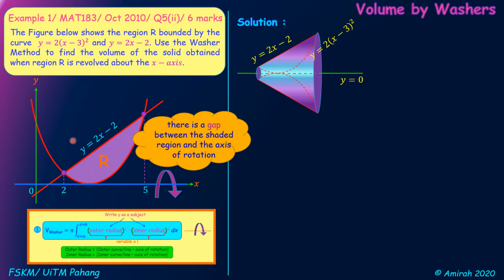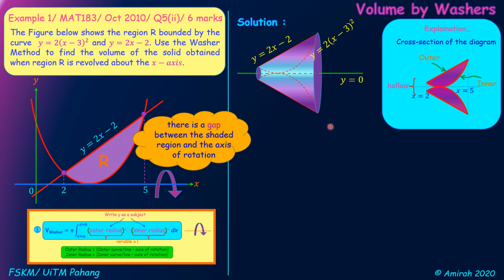From the given diagram, there is a gap between the shaded region and the axis of rotation. So after the shaded region is rotated about this line, which is the x-axis, we will get a hollow.